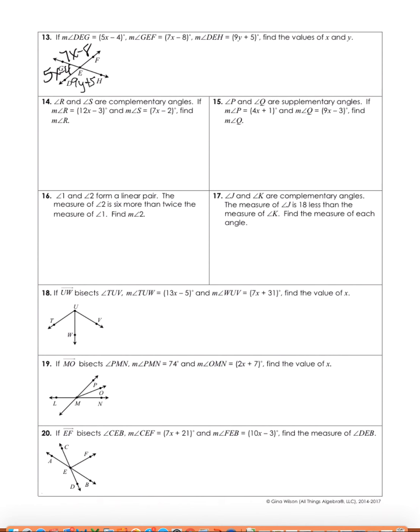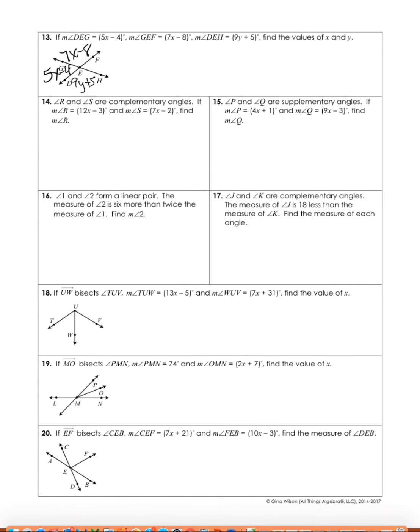Okay, so here, I have to use the information that I have that uses the same variable because we can't solve an equation that has both an x and a y in it. So if I look at just the part with x's in my picture, those make a straight line. Okay, that straight line is 180 degrees.